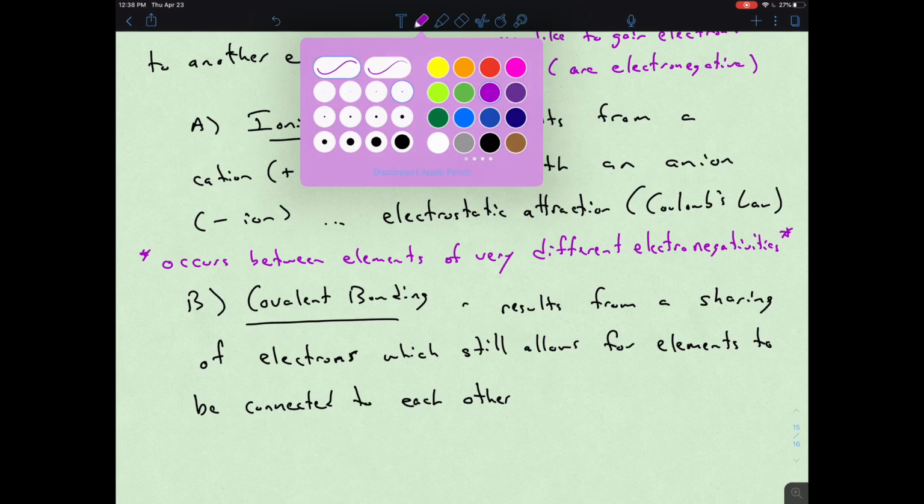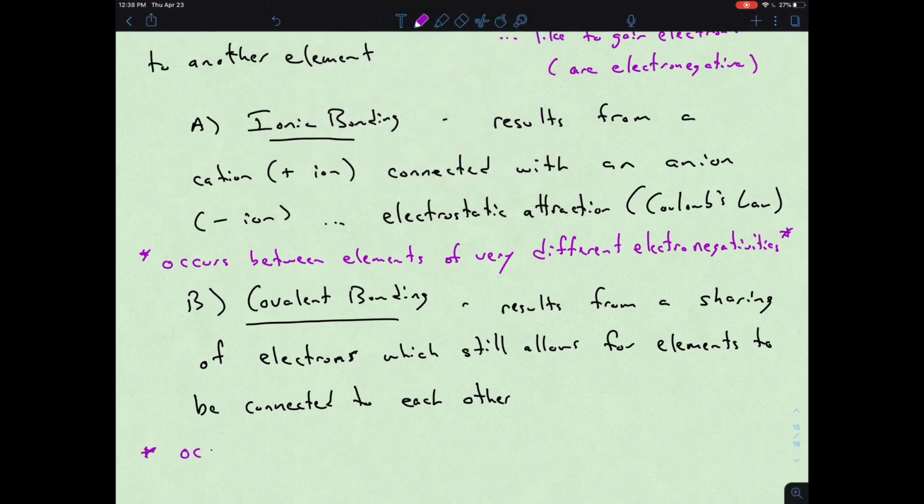And so this basically occurs between elements of similar electronegativity.